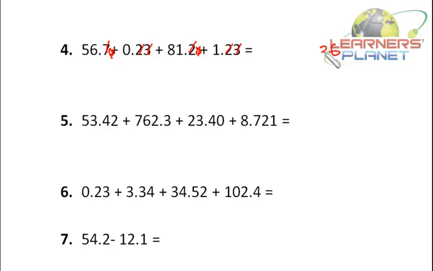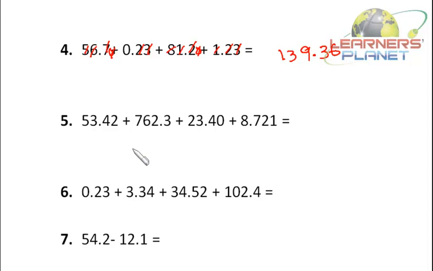I write 3 over here and 1 will be carried. I put a decimal. That 1 plus 6, 7 and 1, 8 and 1, 9. Then 5 plus 8, 13. So the final answer to this calculation is 139.36.